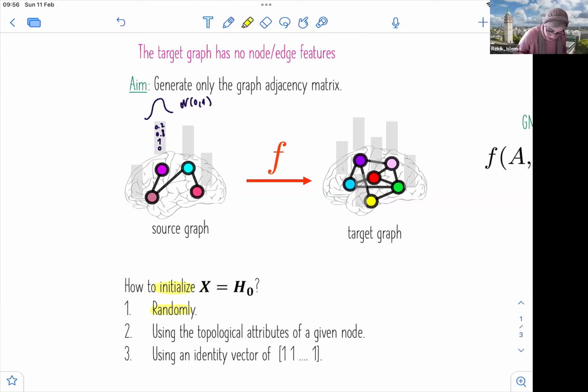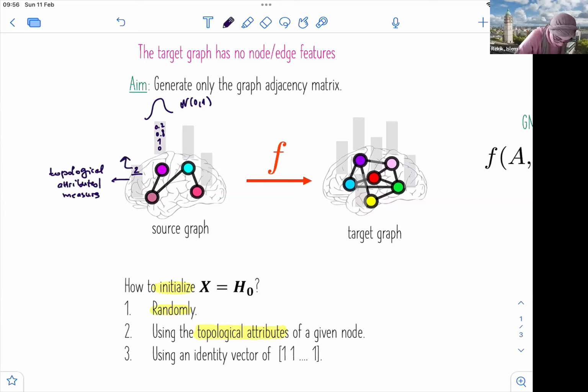The second option is to use the topological attributes of each given node, which may be more interesting. Here we can use topological or centrality measures. For example, we can take the node degree; the degree here is 2.